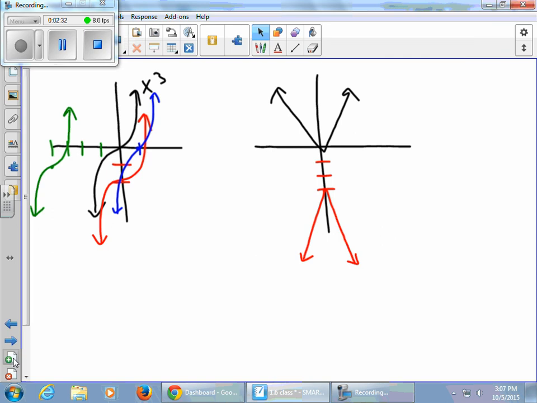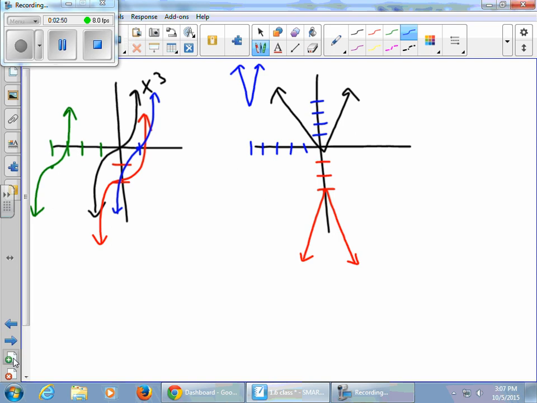Second one moves left 5, up 4, which would take it there, and then again vertically stretching it would make it real skinny. You'd go like sort of like slope up 3/1.